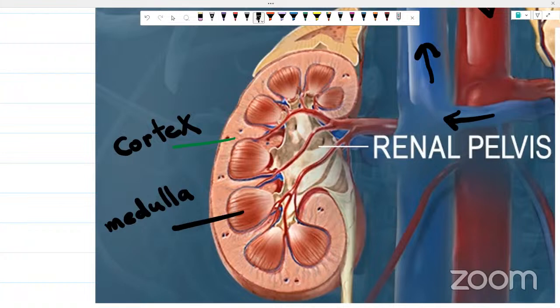And this part is called the pelvis. And here again the ureter. You got my point? It is written here as renal pelvis. So cortex, medulla, and pelvis. These are the main three layers of the kidney.